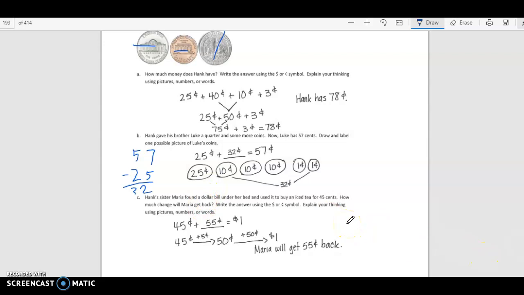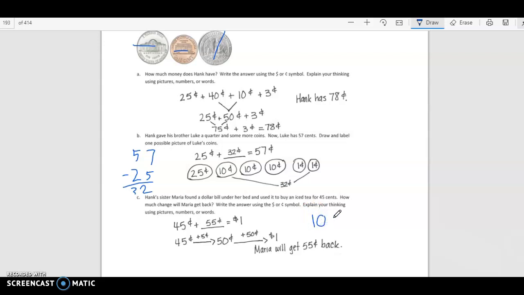Part C, Hank's sister Maria found a $1 bill under her bed and used it to buy an iced tea for 45 cents. How much change will Maria get back? Okay, so they did 45 cents plus blank equals $1. I would have done, if we know $1 equals 100 cents, right?